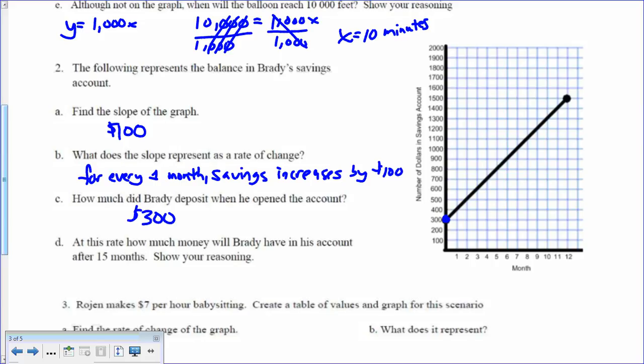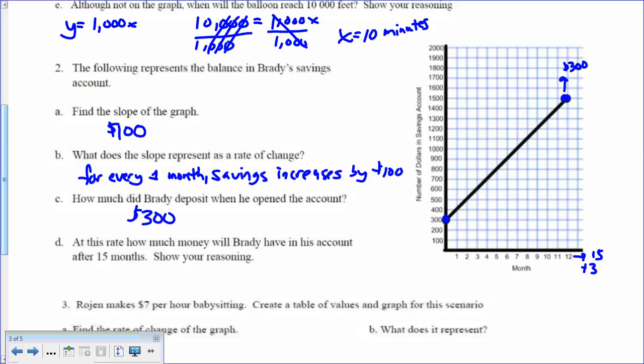Okay. So at 12 months, we're at $1,500. Okay. Which means at this rate, at 15 months, how does it go? Well, to get to 15 months, that's an addition of 3, right? So if we're going $100 per month, that means this point has to go up $300 to get to 15 months, right?